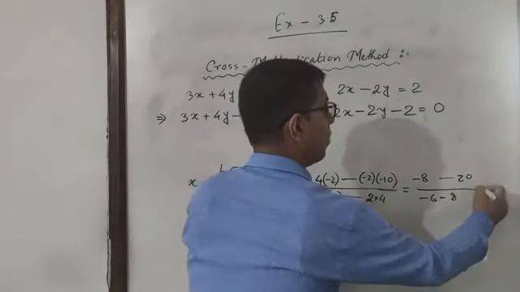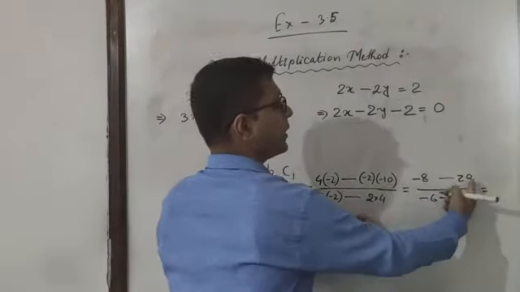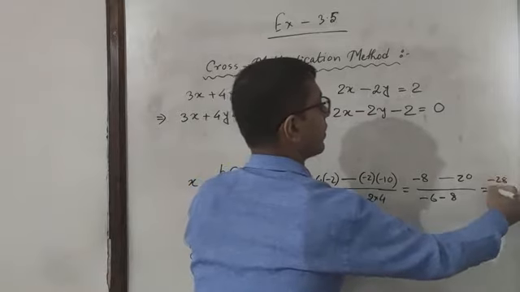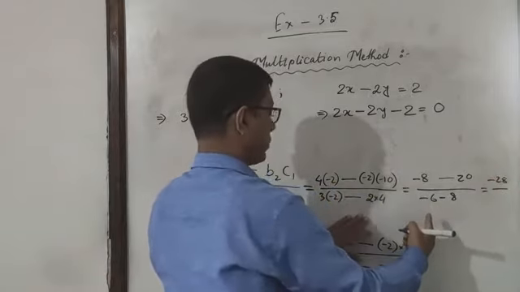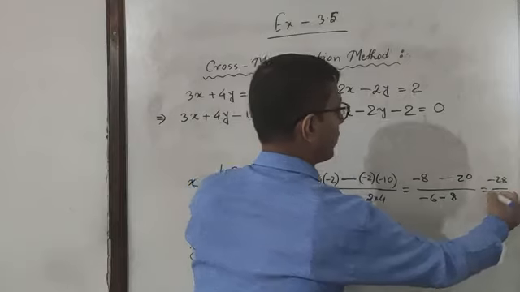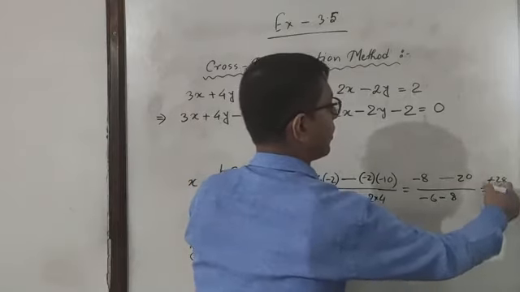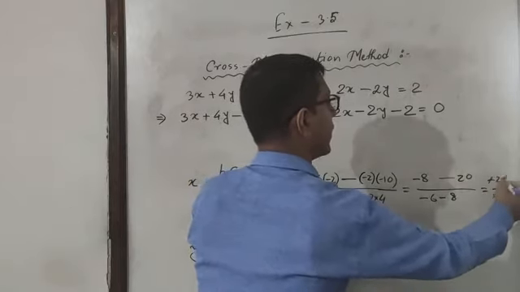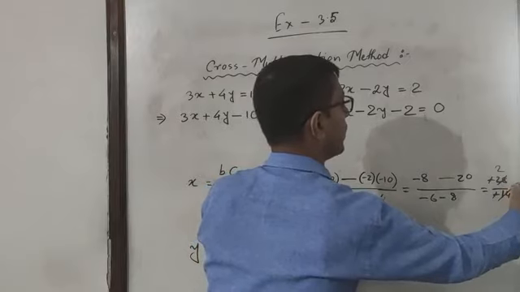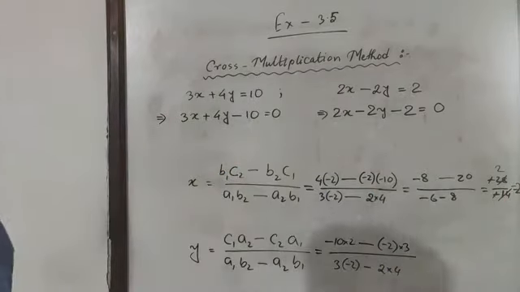Alright. So now, one more line, that is minus 28 by, what will it be? Minus 14. 14 2 times is 28. So it will be 2. Okay.